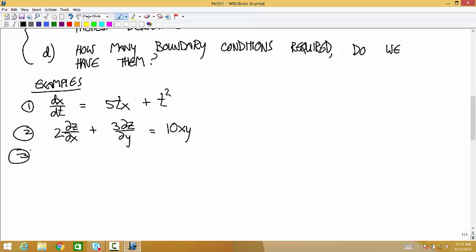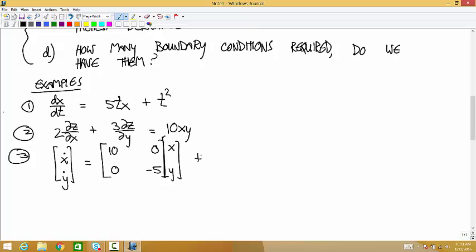And the third one, x dot, y dot as a vector is equal to the matrix 10, 0, 0, negative 5 times x, y as a vector, plus 10 cosine 3t, negative sine t. Okay, so we're going to go through these steps with these three examples.